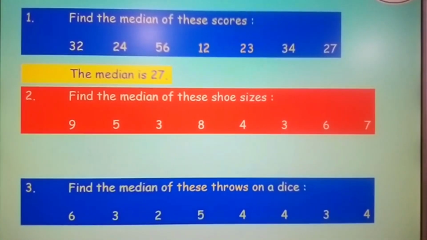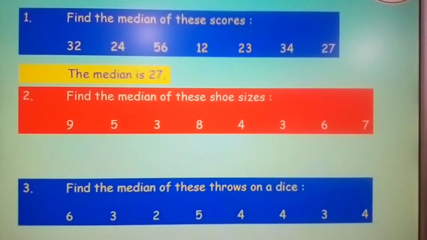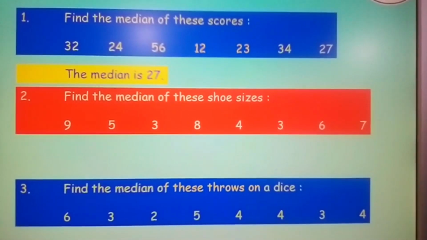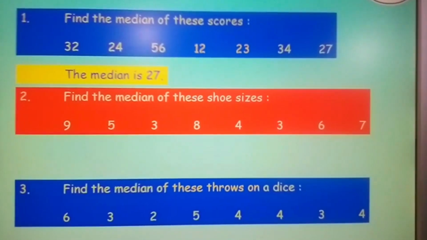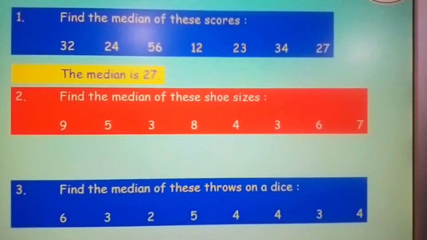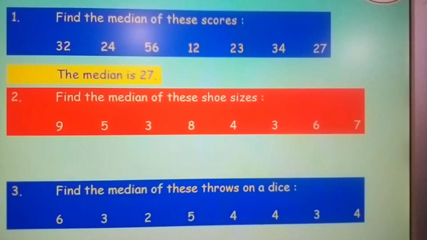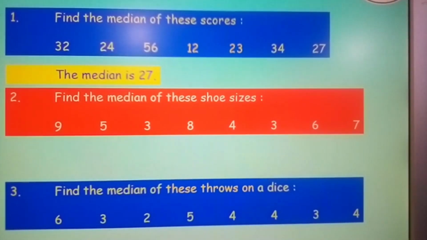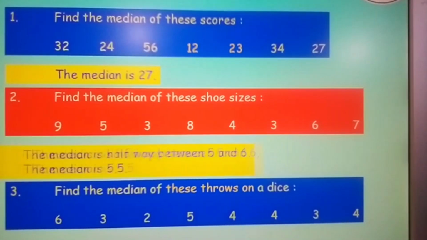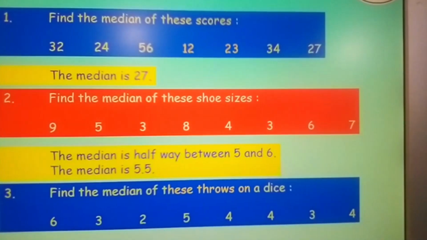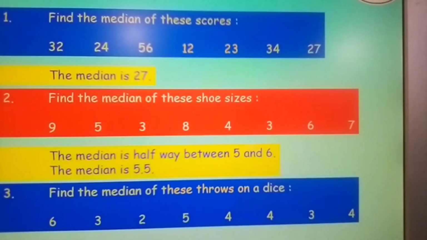The median is 27. So why is it 27? Because when you put it in sequence, 27 is the middle number. The median is halfway between 5 and 6.